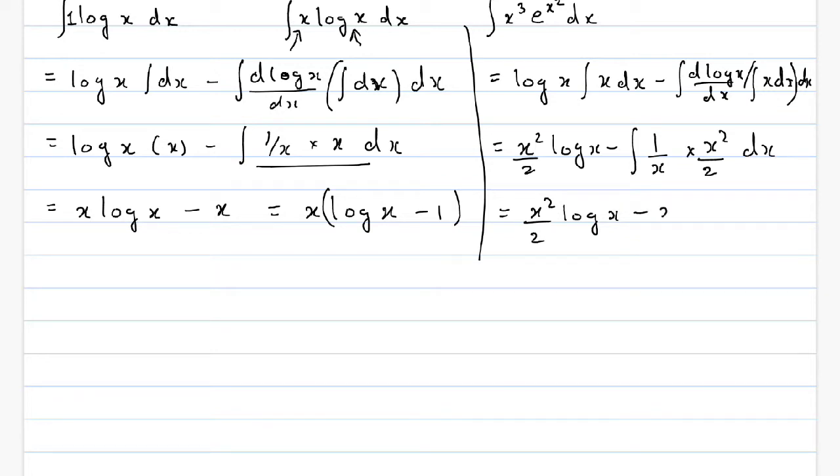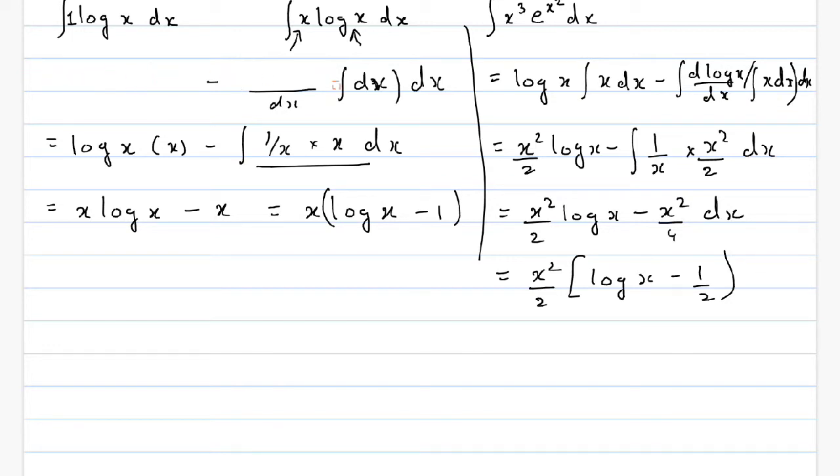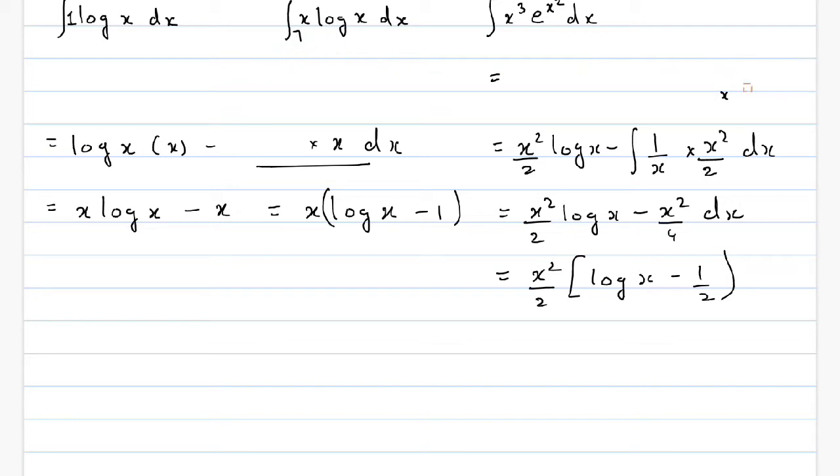So I'll get minus x square by 4. So our final answer is going to be x square by 2 common, log of x minus half. So this is how we'll solve any term in which we have log of x multiplied with some function of x.